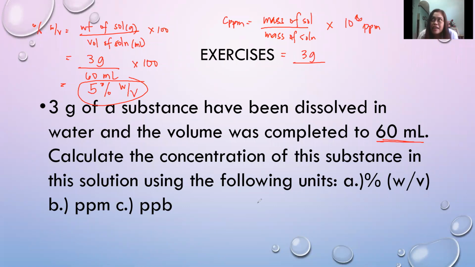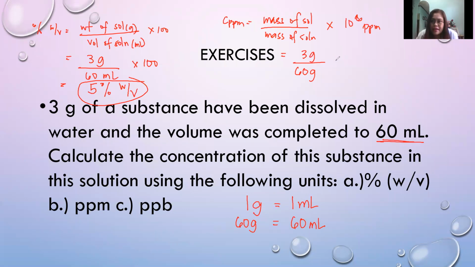Diba, remember class, I told you na pag water, 1 gram of water is equivalent to 1 ml. Okay? So if you have 60 ml na tubig, then that is also equivalent to 60 grams. So you just use the 60 grams here. But this is true for water, ha?